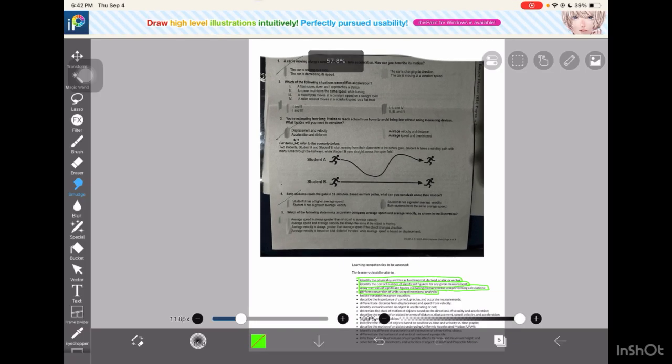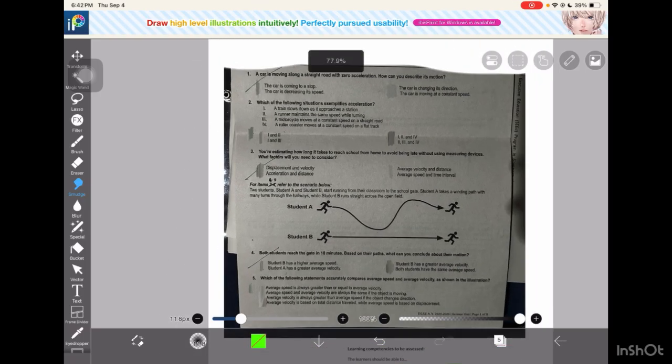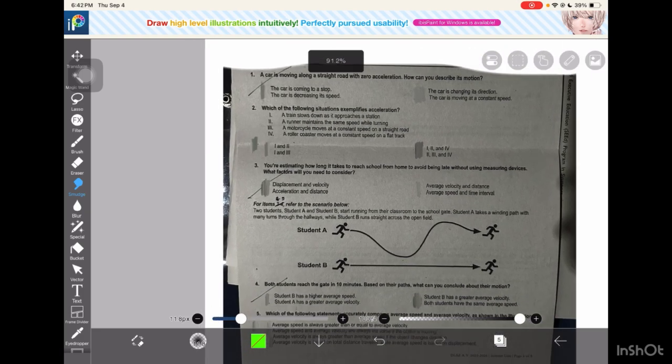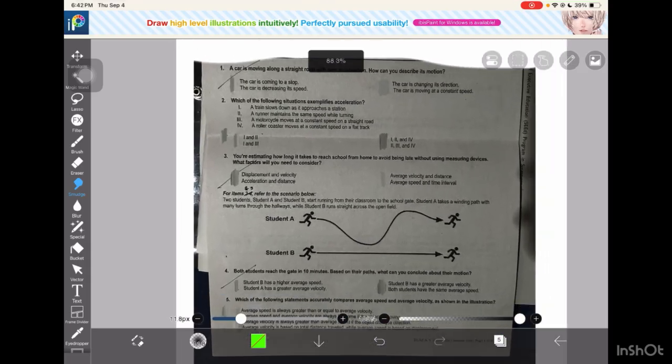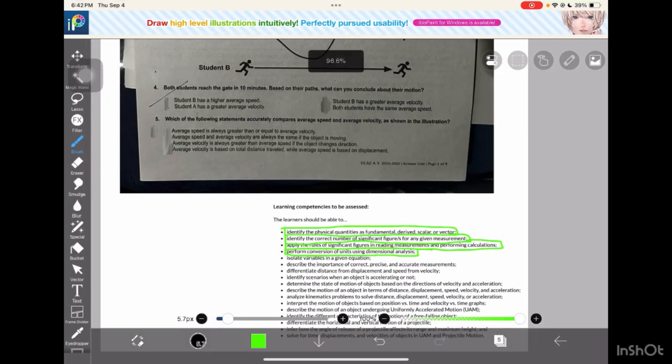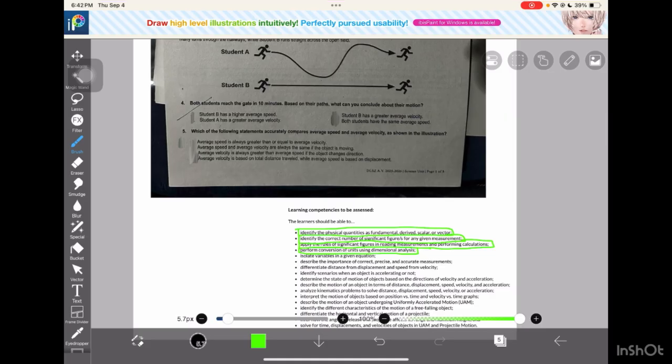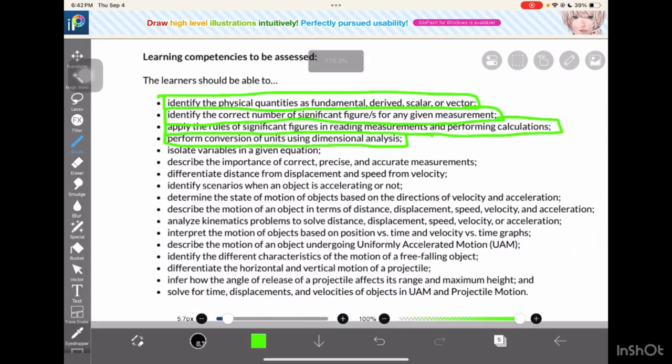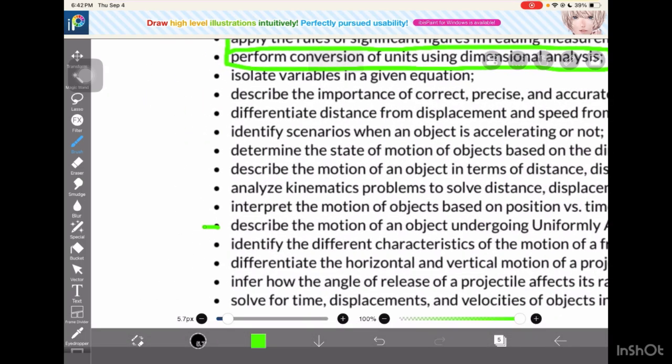So once again, since this is not my paper, I'll of course be blurring all the placed answers and all the remarks. So we just see the questions and the possible choices. That's just part of our data privacy, so we have to abide by that as well. Anyway, now we're at Unit 2. This, I believe, involves up to here.